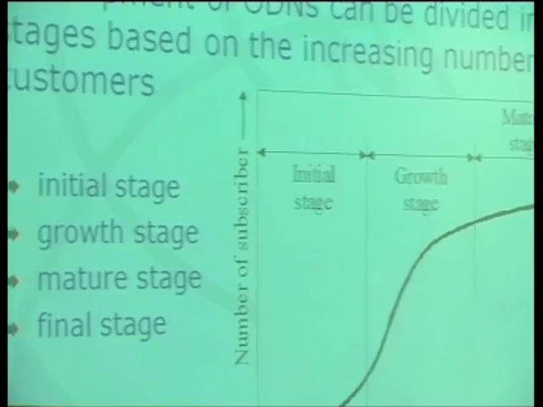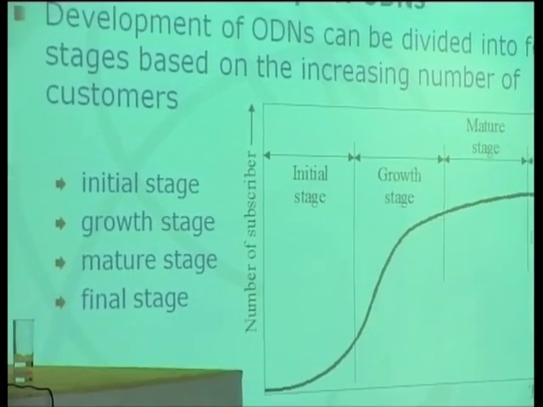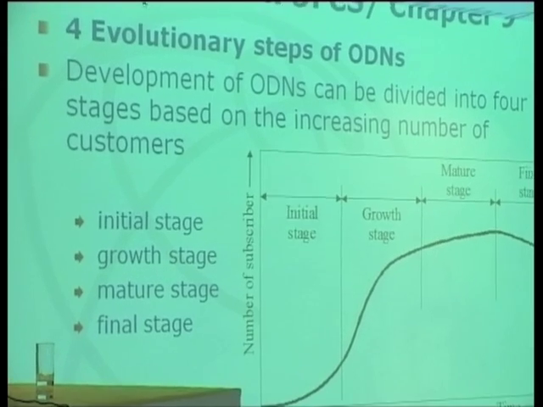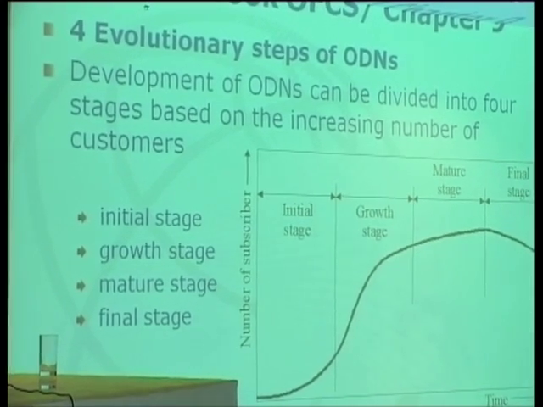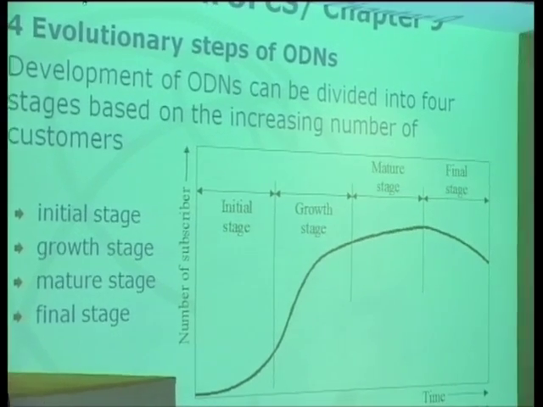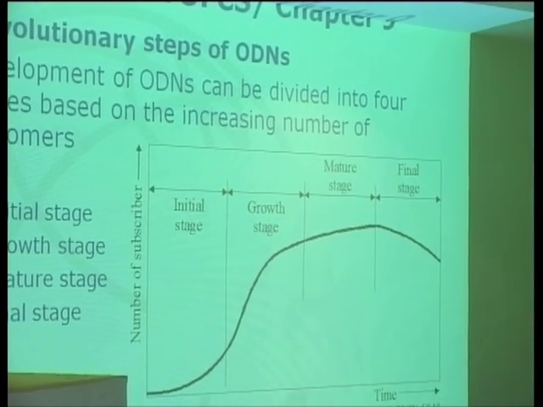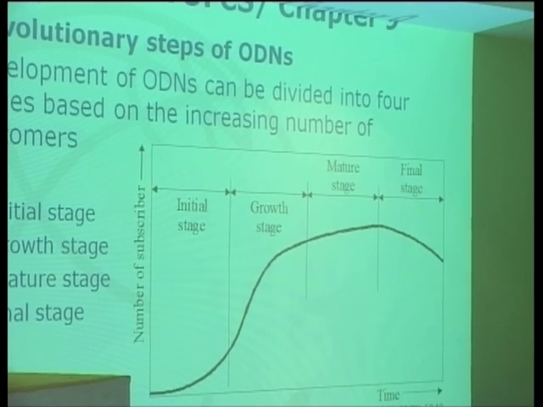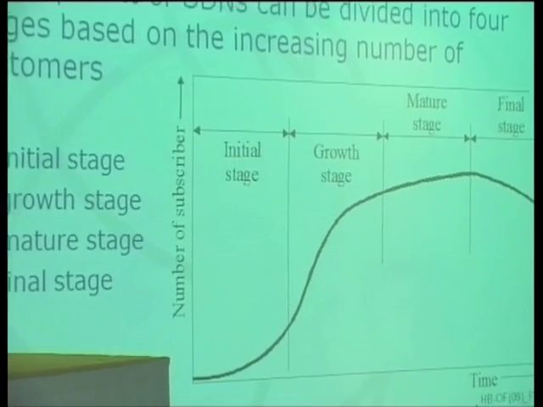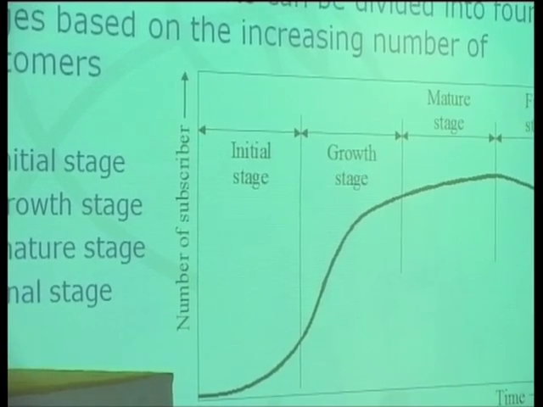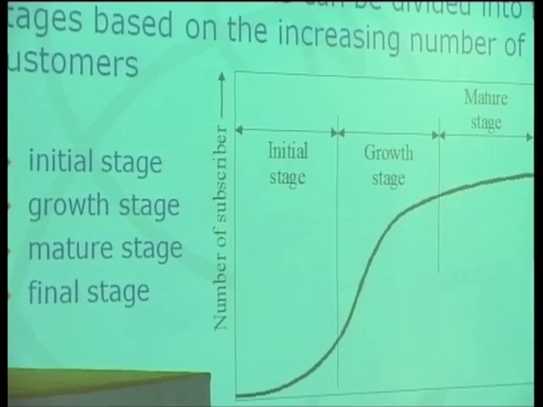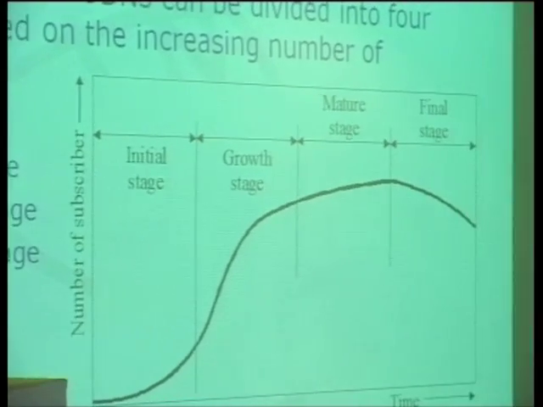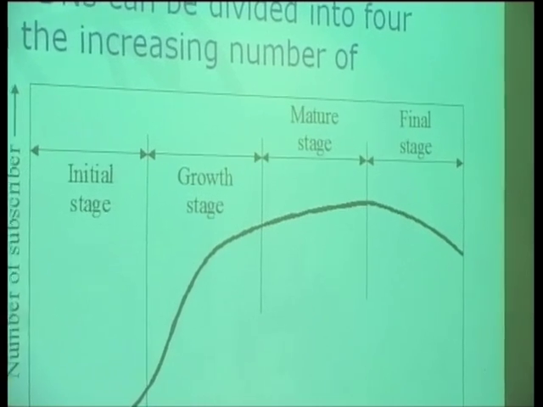Life cycle, which means the evolution of the optical distribution network. Well, I am not a real expert in this field, so I will limit myself to give you some information that I could collect. In the deployment of a new network, we can distinguish 4 different phases.